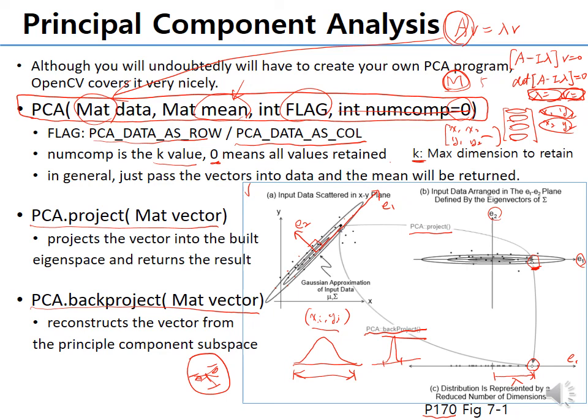So you can get several eigenvectors and eigenvalues. Then based on that information, you can recognize a human face. So PCA can be a very important function of OpenCV in AI.